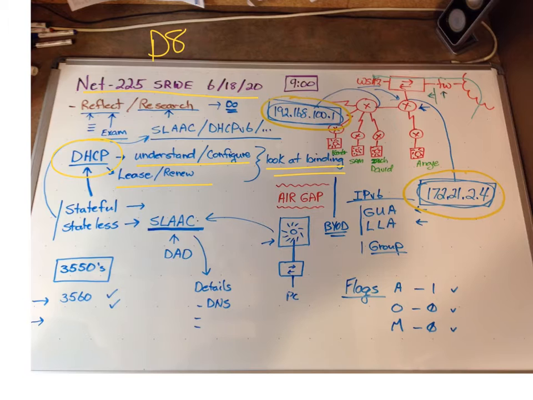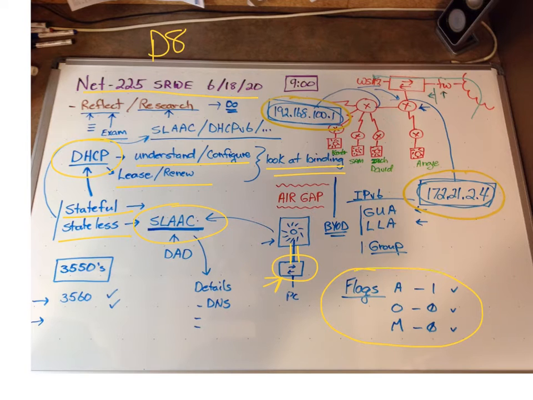And in our cases, we were using the switch to represent our DHCP, you could check the switch for the DHCP. And we talked about different stateful, stateless, SLAAC, and the different areas.